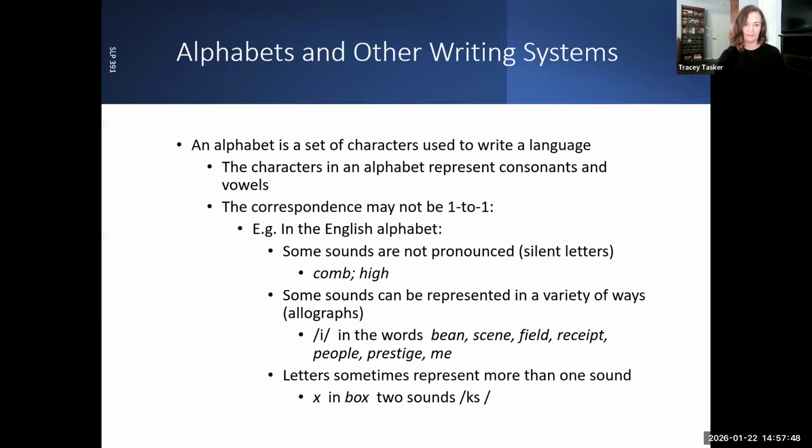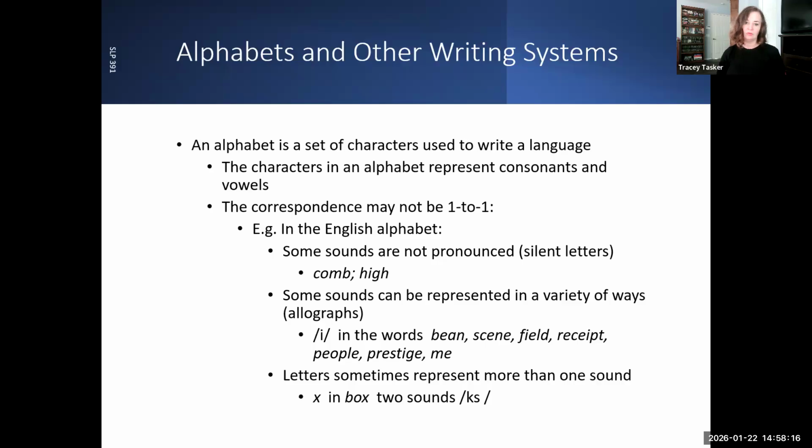Okay. So how does the alphabet fit into this? Well, the alphabet is really what we call graphemes. So they're letters that are used to write a language. They represent consonants and vowels, but as we were just talking about, that sound to letter correspondence is not necessarily always one to one.